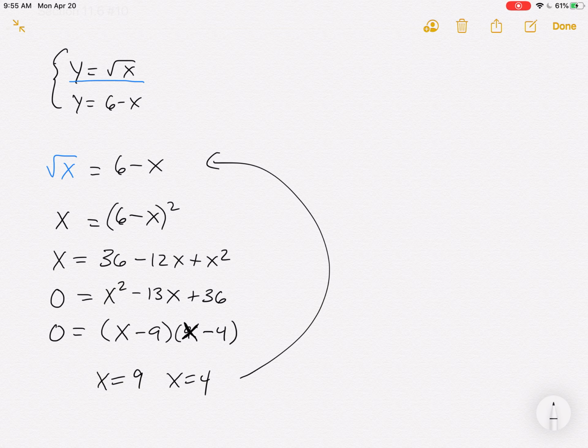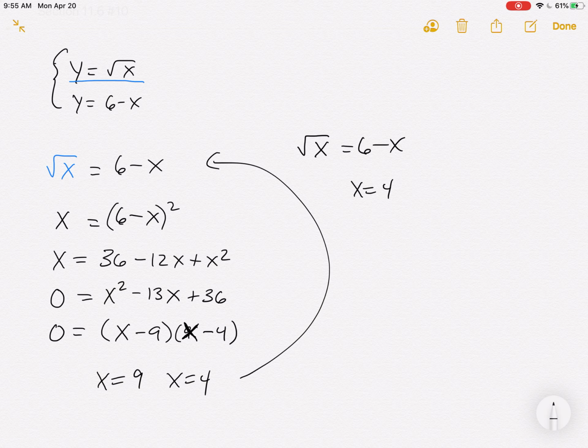And so if you check in any one of the originals, they work independently just fine, right? You could take the square root of 9, you could take the square root of 4, you could take 6 minus 9, you could take 6 minus 4. But the problem is, remember, we're trying to get them to work together. So when we put them together, is it possible for the square root of x to be equal to 6 minus x? Well, let's check that out.